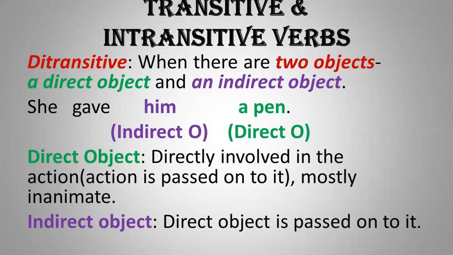It is the pen which is being given, so that's why it is more involved in the action. Indirect object is the one to which the direct object is passed on, meaning it receives the direct object. So that's why it is called indirect object. Most of the time, direct objects are inanimate, non-living entities, but it is not always the case.